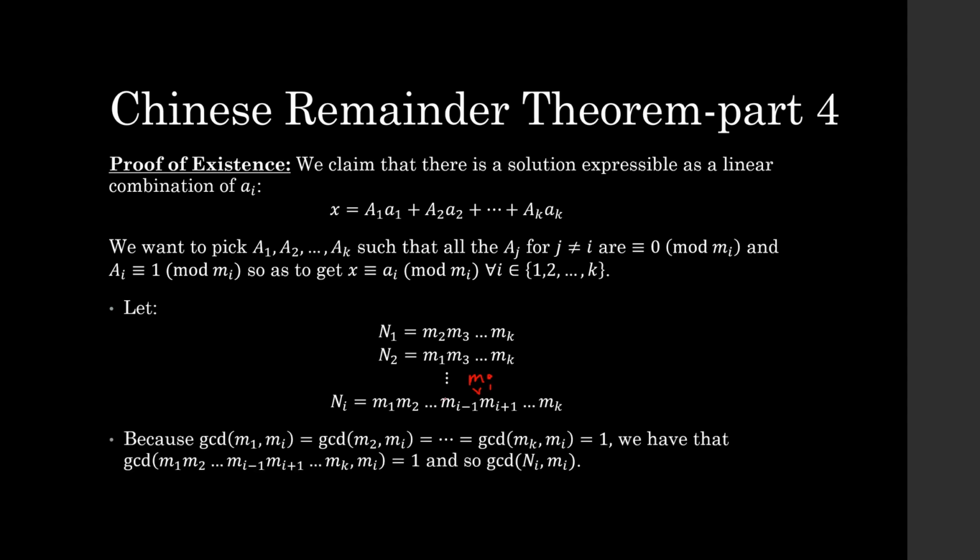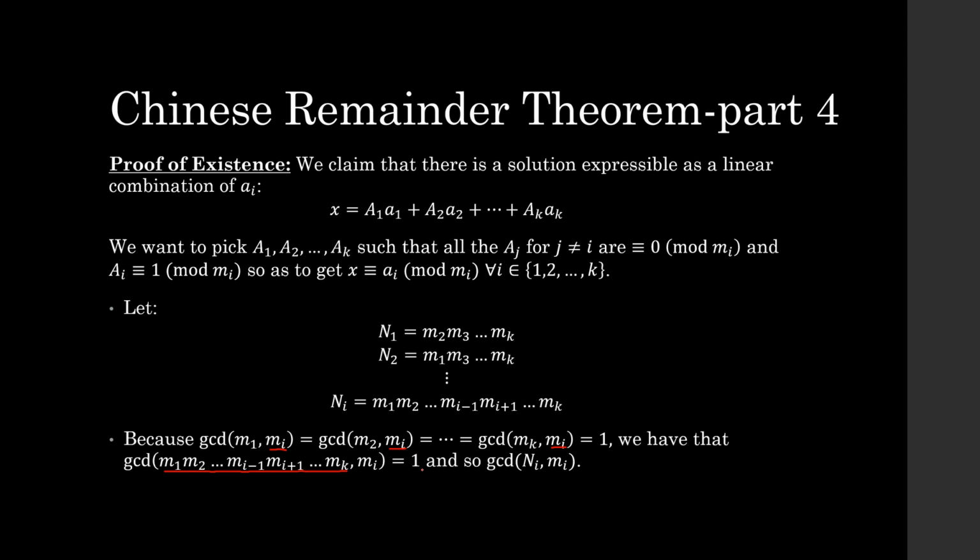Okay, so remember that the moduli are pairwise coprime. So once again, by the theorem that we proved in video 2, we have a common term at the end of these greatest common divisors, and we can just multiply the first one to get the same thing. So that means that the greatest common divisor of this whole product with mi is equal to 1.